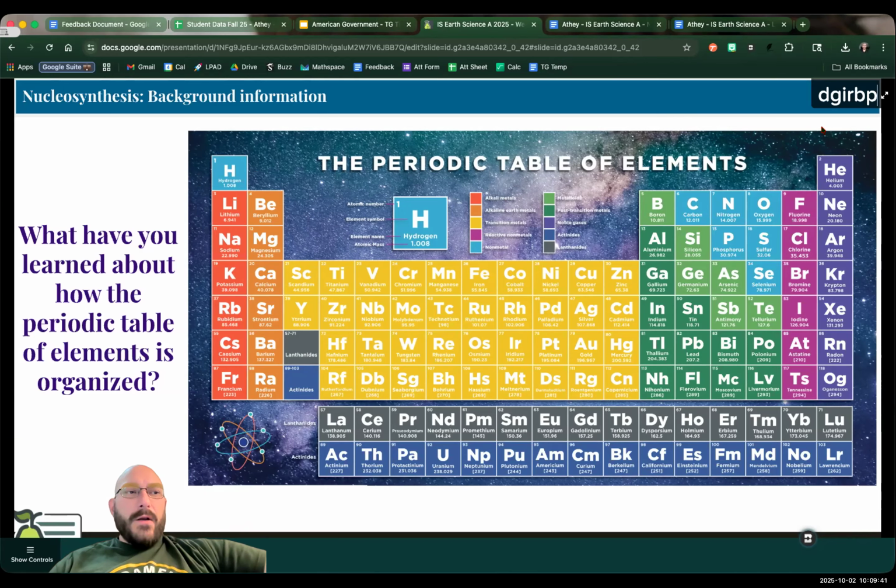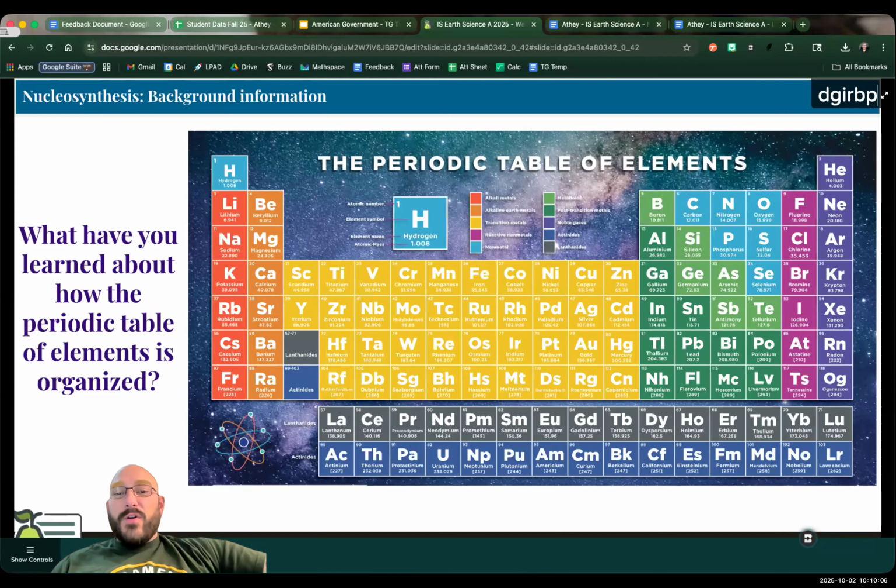So the top, row one, period one, with hydrogen and helium, has one row of electrons, one orbit. The second period, starting with lithium, ending with neon, has two orbits of electrons. The third period has three orbits of electrons, and so on.